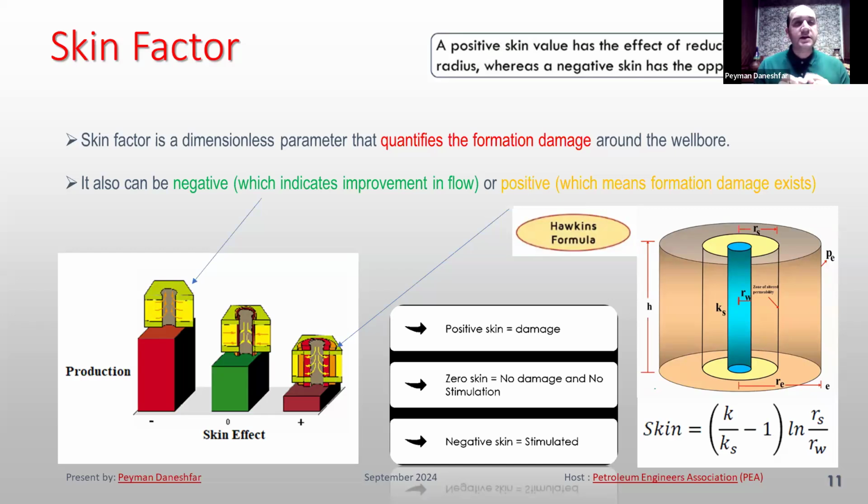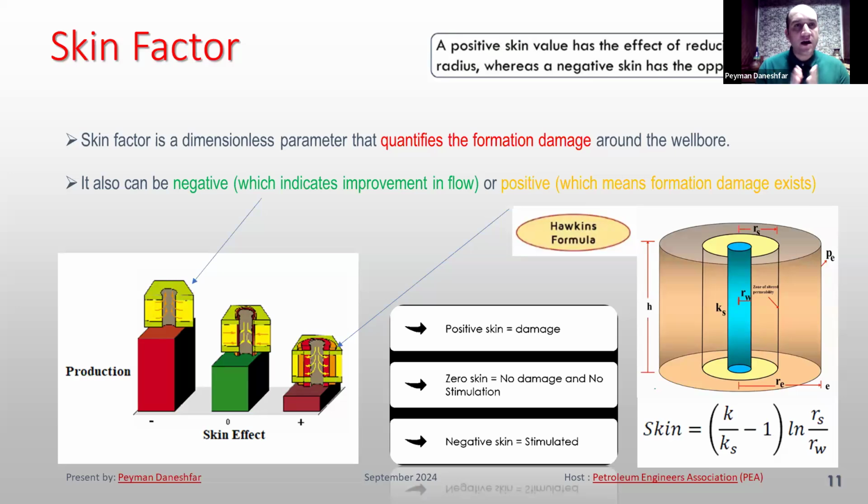So it can be negative, it can be positive, and also zero. Zero, no problem. But when we have a negative value, it means that the well is improved. When it is positive, this well needs stimulation.